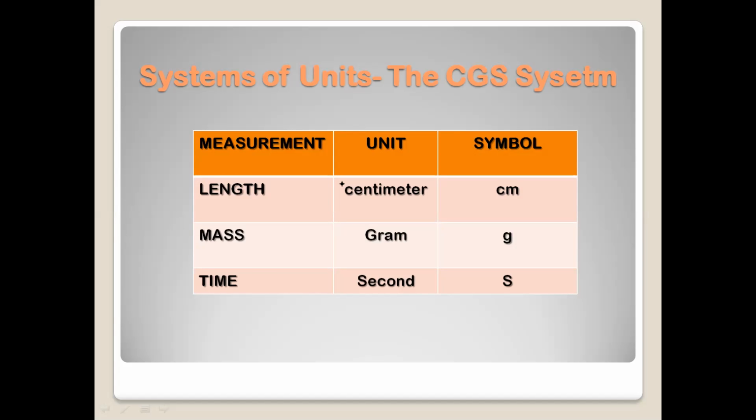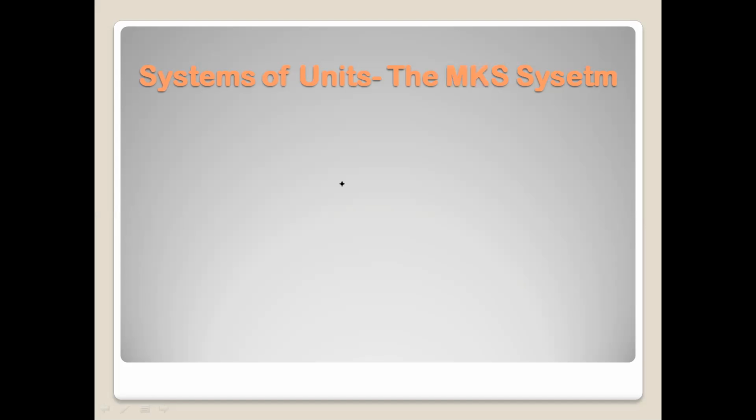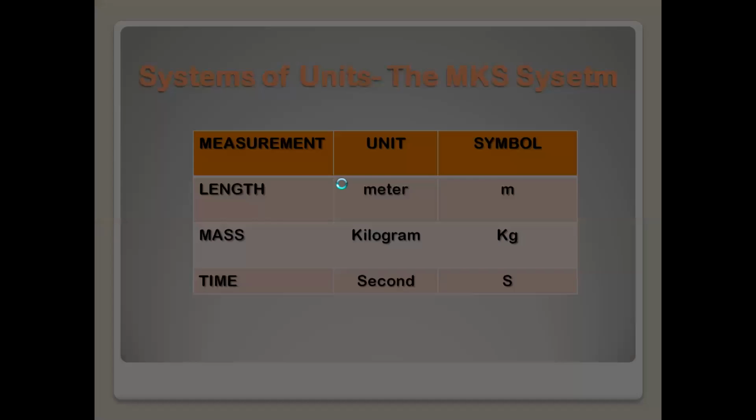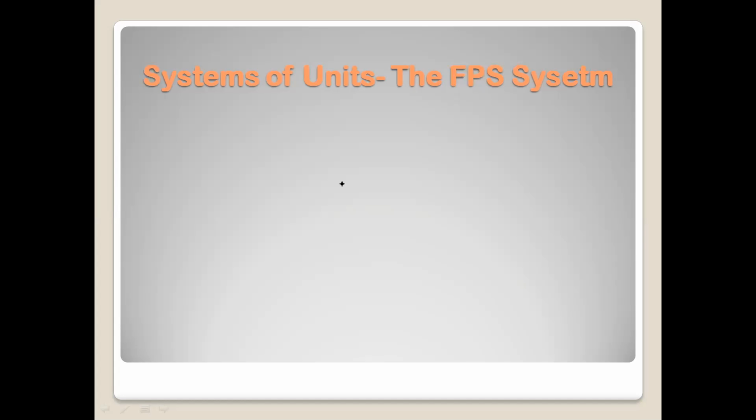The second system of units is the MKS system. In this also we will be using 3 basic measurements: mass, length, and time, and their units are meter, kilogram, and second. For meter, we will be using the symbol m, kilogram kg, and seconds s. The third system is the FPS system.